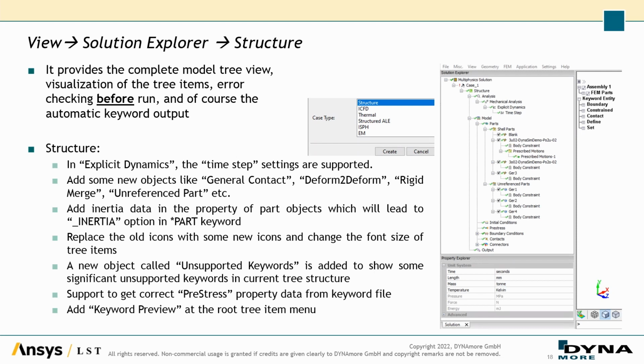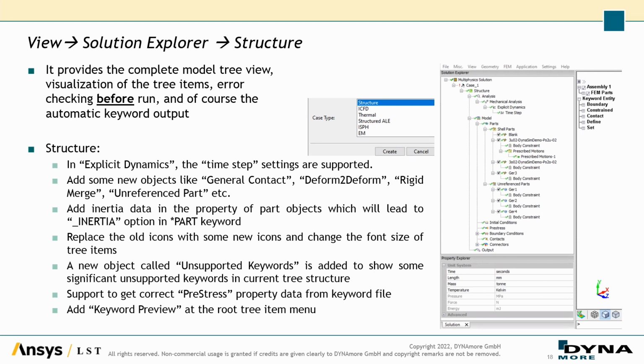For the structure case type, for example, they improved that in explicit dynamics the time step settings are supported. They added some new objects like general contact, toform, weld merge, unreferenced part, and more. They added inertia data in the property of part objects, which will lead to the inertia option in the part keyword.